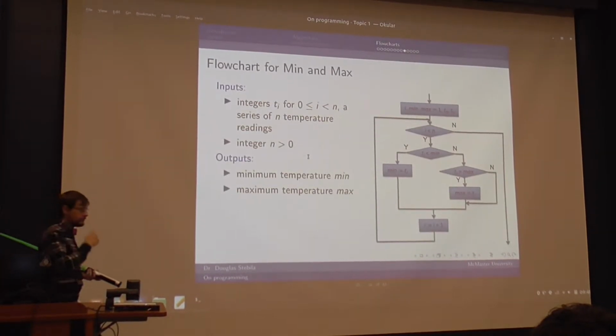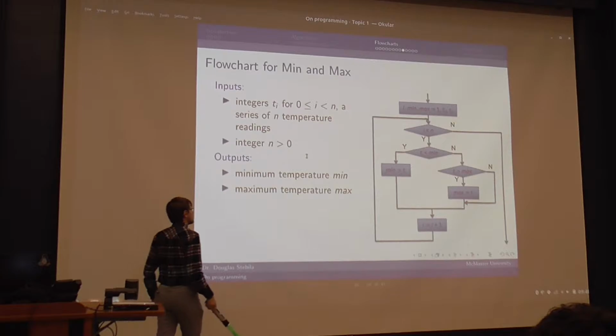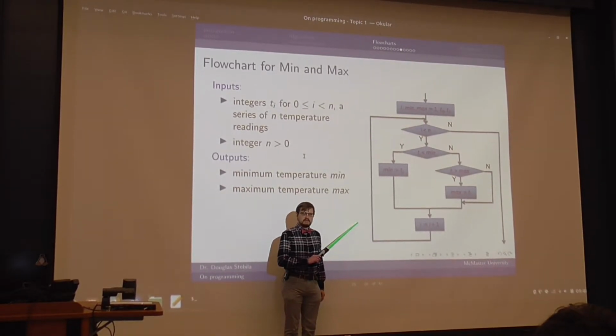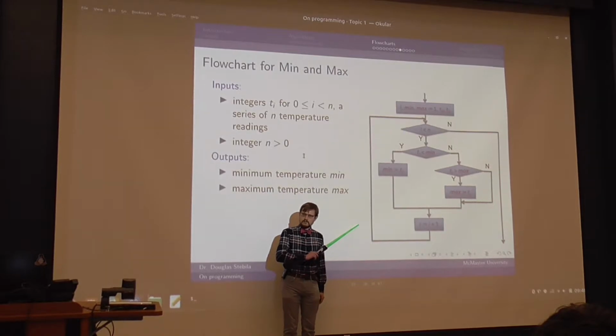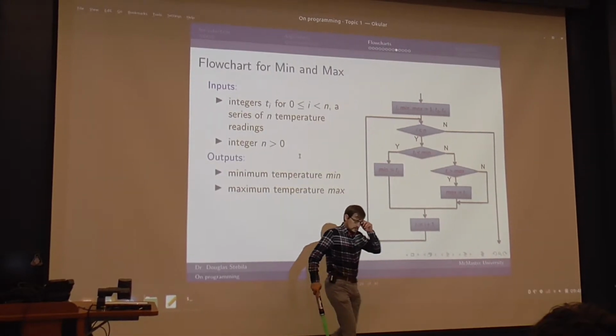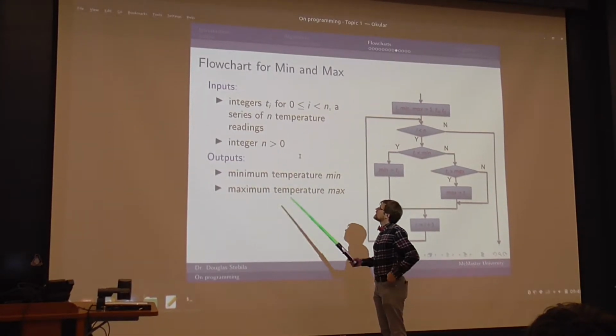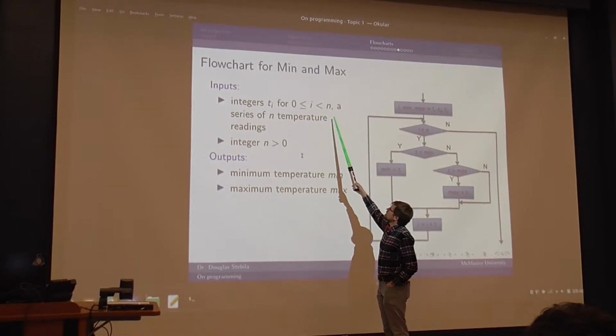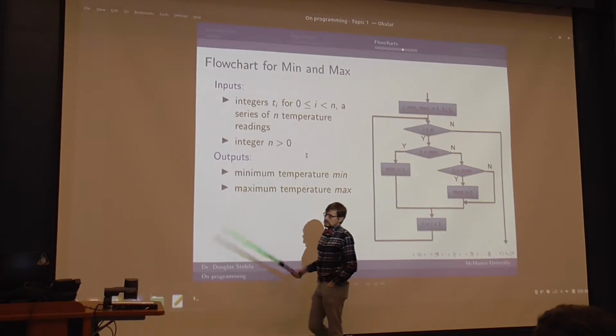So let's consider a different example. This is an algorithm which computes both the minimum and the maximum of a series of incoming integers. Or possibly floats. It says integers, but it would work for floats anyway. So, inputs.